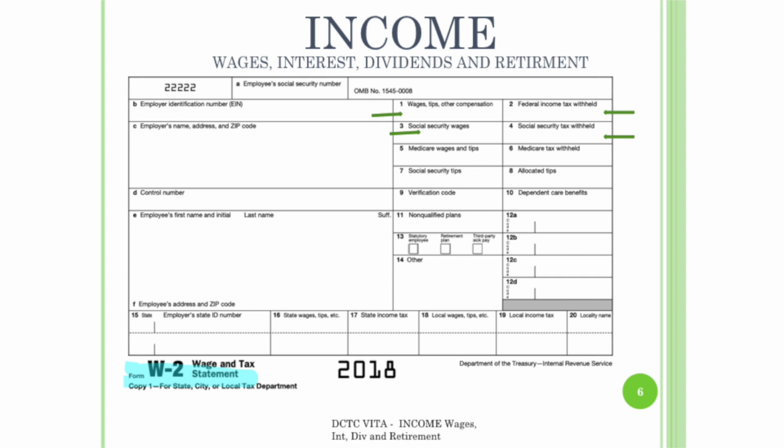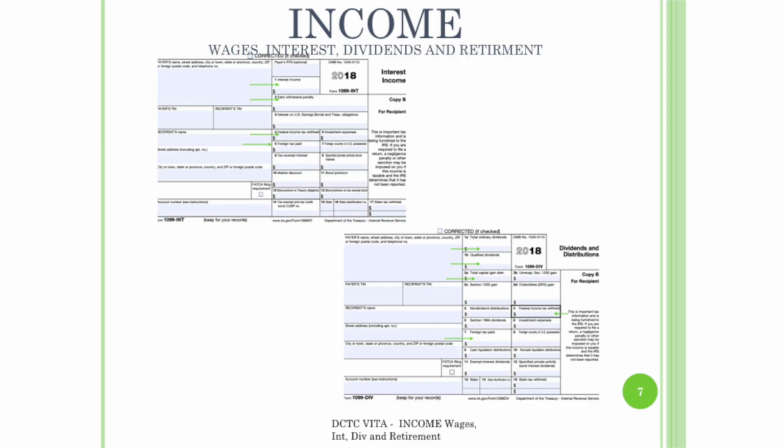Now, this slide represents the Form 1099-INT and the 1099-DIV source documents. INT represents the interest document. 1099-DIV represents dividends and distributions documents.